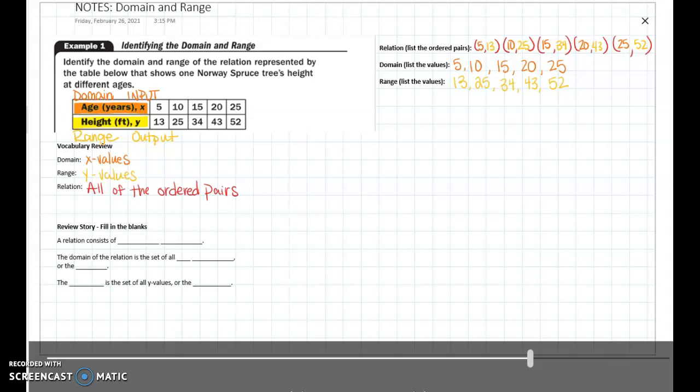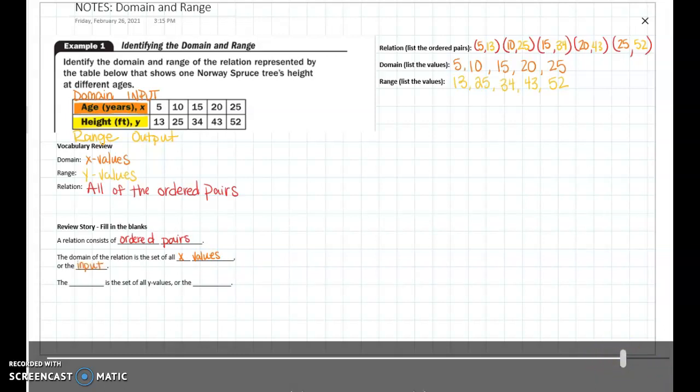All right. A relation consists of, it's two words, ordered pairs. A relation is just a list of ordered pairs. The domain of the relation is the set of all blank blank. It's the set of all x values, or the blank, or the input.